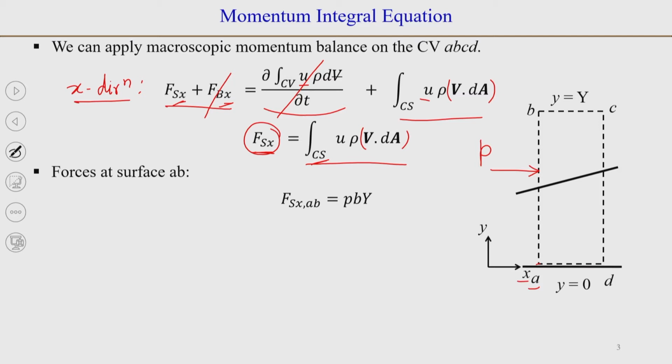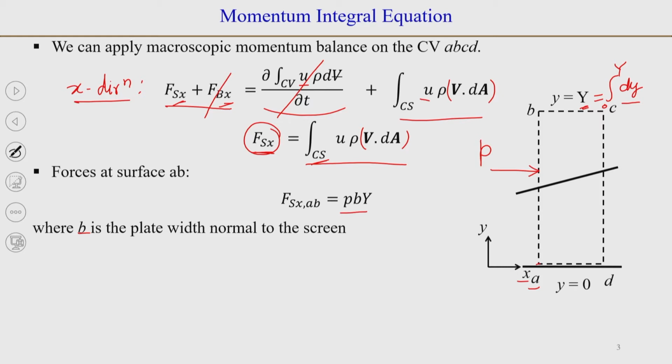Now, let us also assume that the width normal to the screen is B. So, the area of this surface AB will be equal to B into ∫ from 0 to capital Y of dy, or we can write it simply as Y, but we will later on come back to write it in this form. So, the force on surface AB will be ∫P B dy.